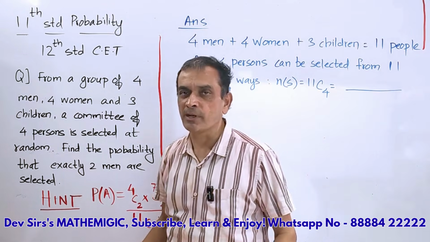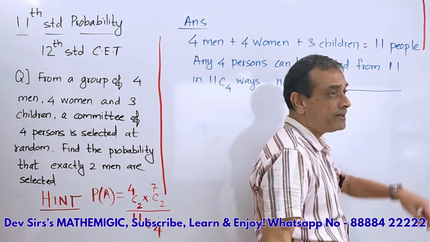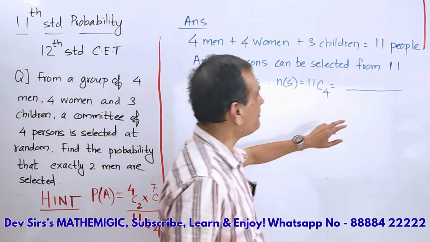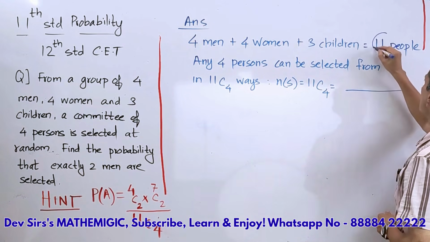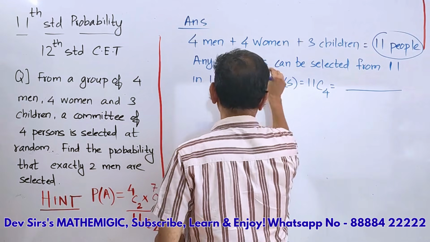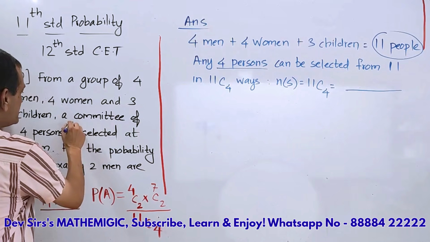In general we want people. To find the sample space, always take people first, right? Now any 4 persons can be selected from 11 persons. First we are going to find the sample space: any 4 persons from 11 persons. Why 4 persons? Because a committee of 4 persons is to be formed.